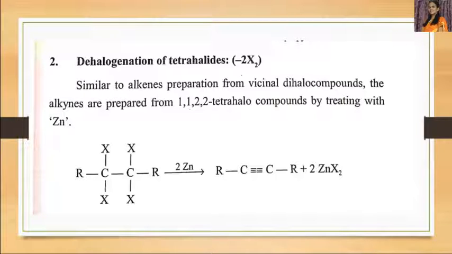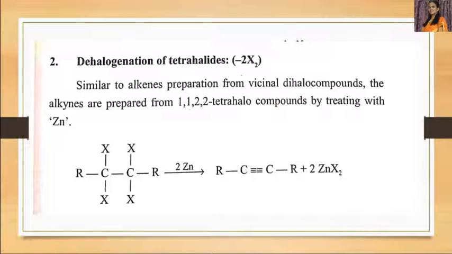So we should consider a tetrahalide. From the tetrahalide, in the first step, two halogen atoms from adjacent carbons are lost. Then we get an alkene with two halogen atoms, and in the next step the remaining two halogens from adjacent carbons are lost to produce finally an alkyne.